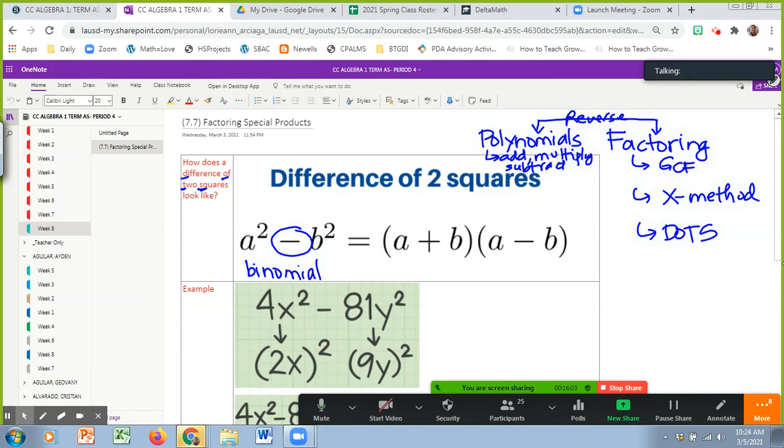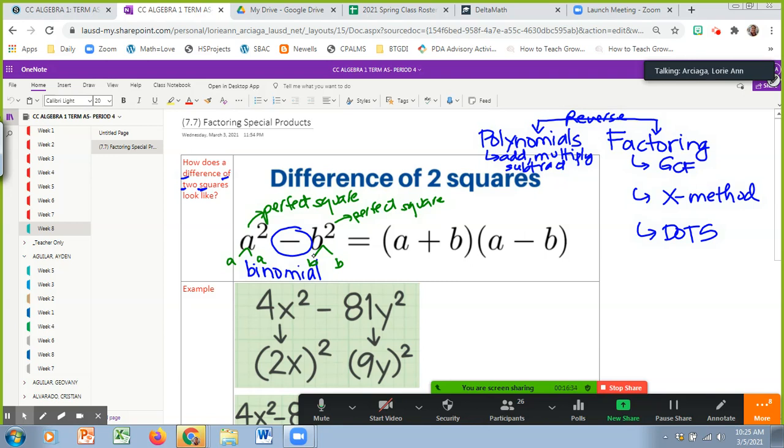Because each one is a perfect square. In other words, you can find a number or a variable to multiply by itself to get a squared, like a squared is a times a, b squared is b times b. Now in the chat pod, can you give me numbers that are perfect squares?